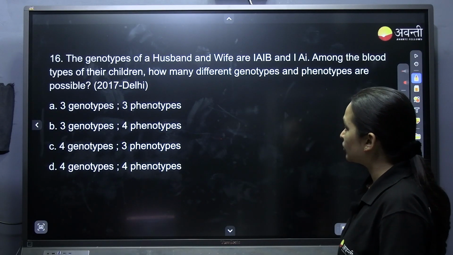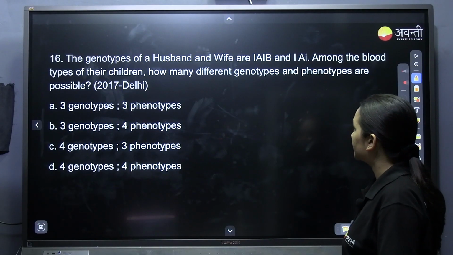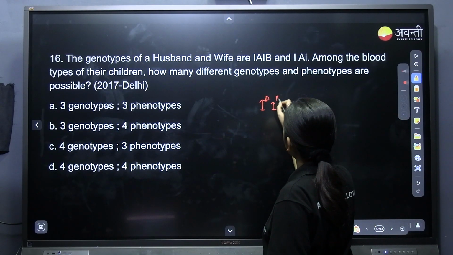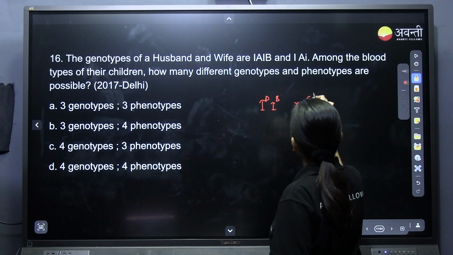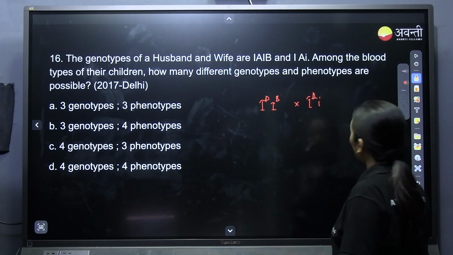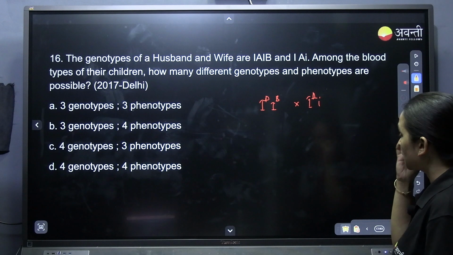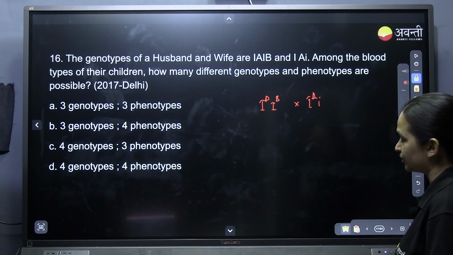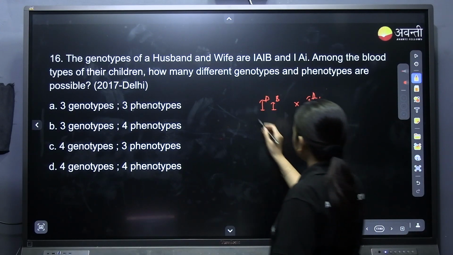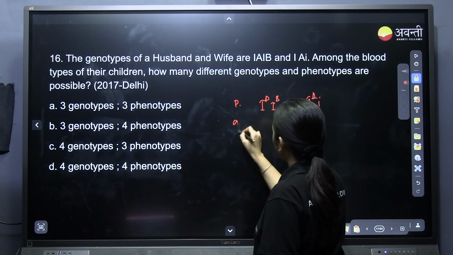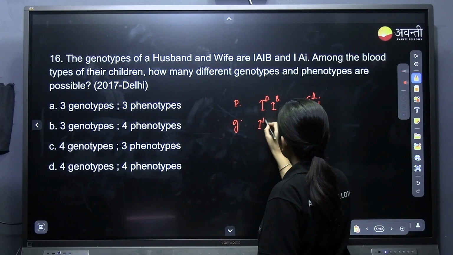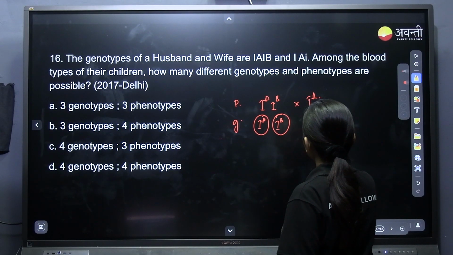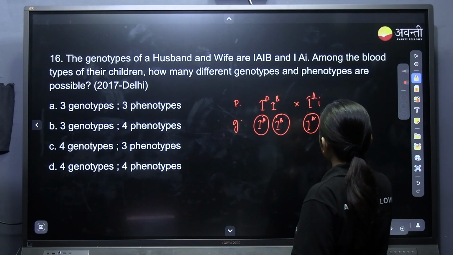The genotypes of husband and wife are IAIB and IAi. Among the blood types of the children, how many different genotypes and phenotypes are possible? We'll see. These are the parents. What are the gametes? IA, IB, IA, i.